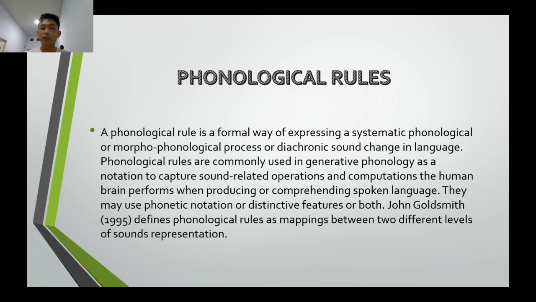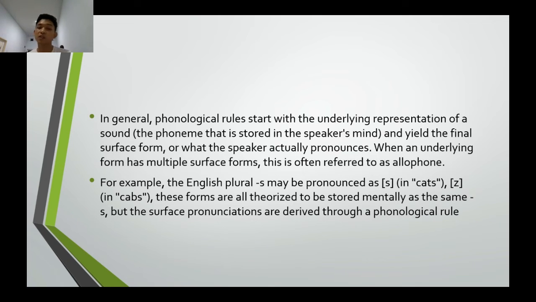John Goldsmith defines phonological rules as a mapping between two different levels of sound representation. In general, phonological rules start with the underlying representation of a sound, the phoneme that is stored in the speaker's mind, and yield the final surface form, or what the speaker actually pronounces.